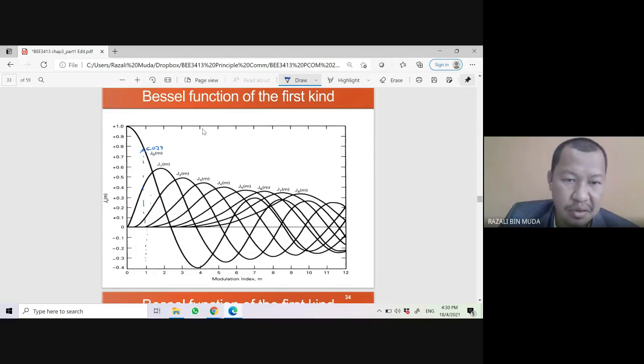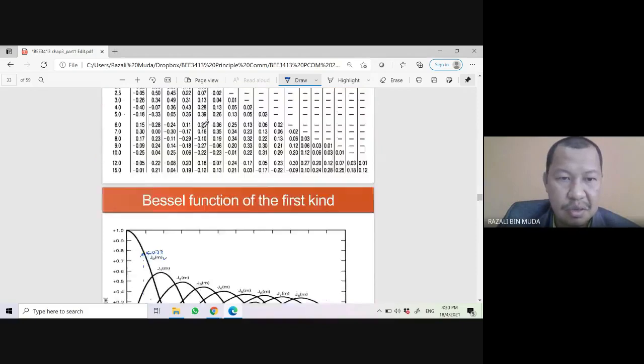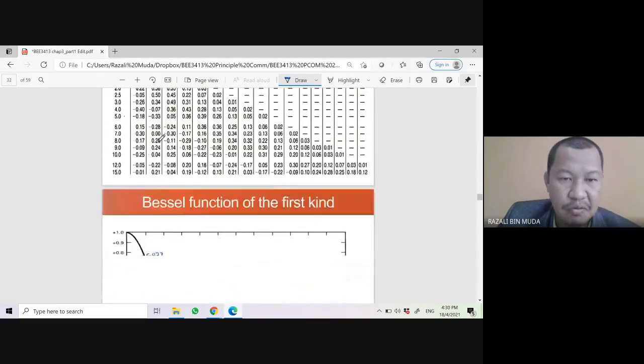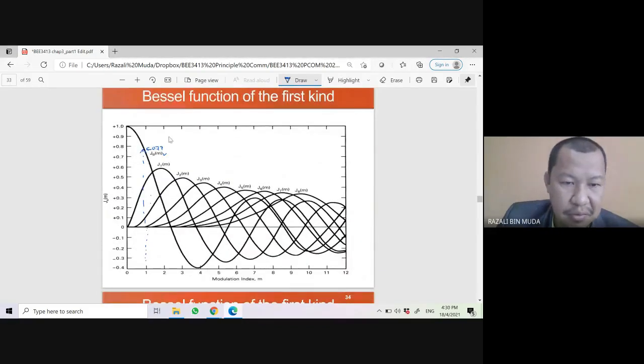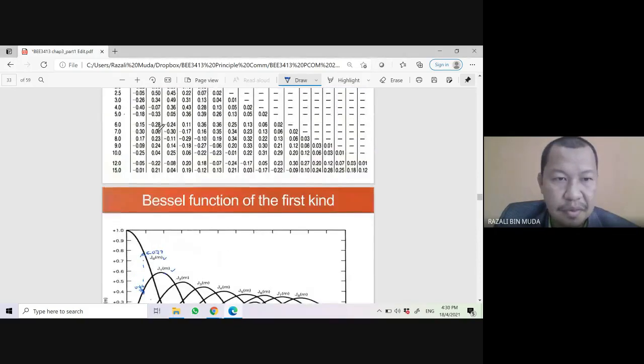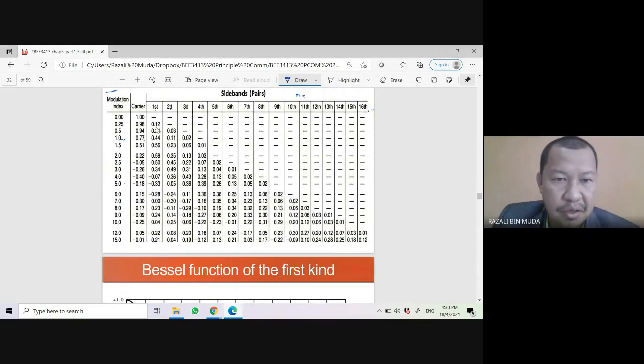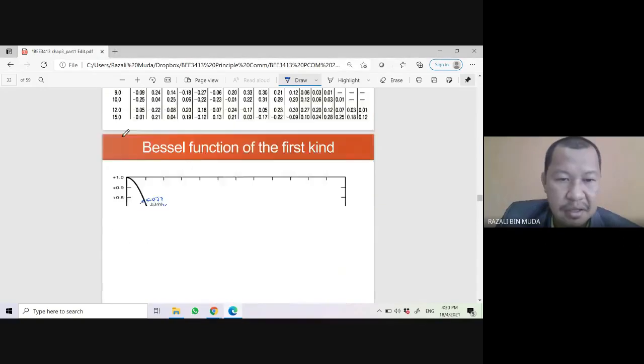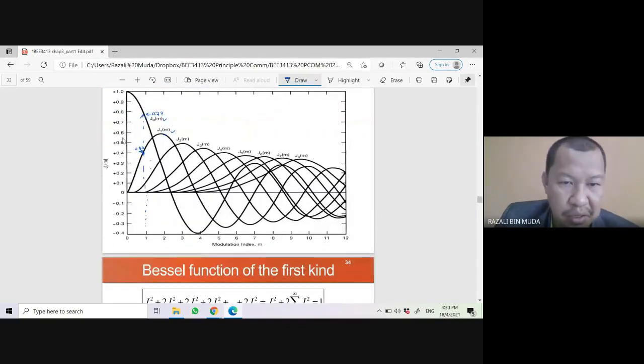See, this is J0. See, apa tu J1? J1 is 0.44. Okay, you can see from here, this is J1, this line. So it meets here 0.44 for J1. J2, 0.11. Okay, so where is 0.11? This one. This is J2 line. This one, this line. So here is 0.11.